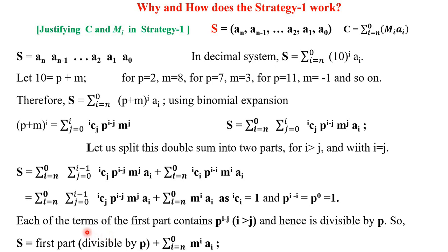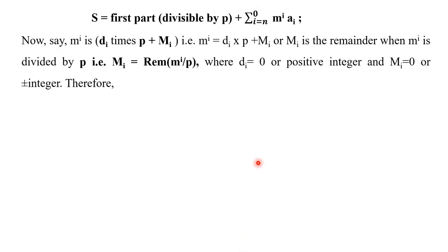So we can write that S is nothing but a part that is divisible by p plus the sum over i equal to 0 to n of m to the power i times a_i. So S is the first part divisible by p plus m to the power i a_i.